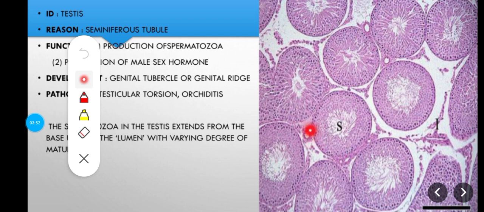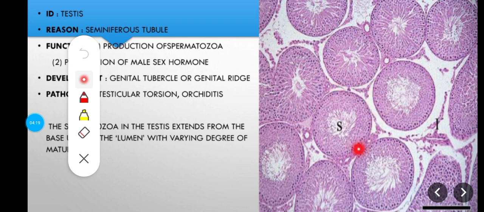These hollow spaces here are the blood vessels. You can't really appreciate much of the Leydig cells, but they are there, so you should take note that they are within the interstitial tissue.